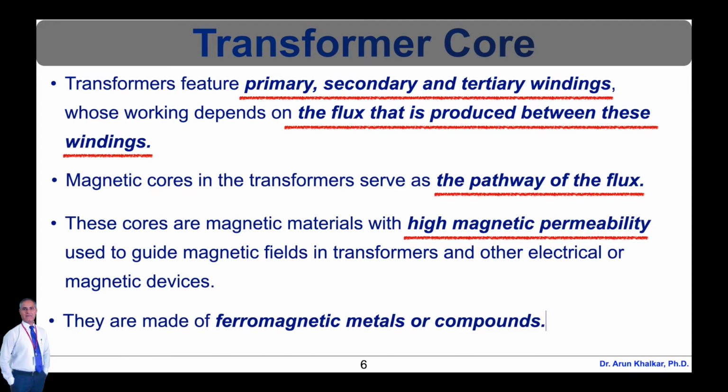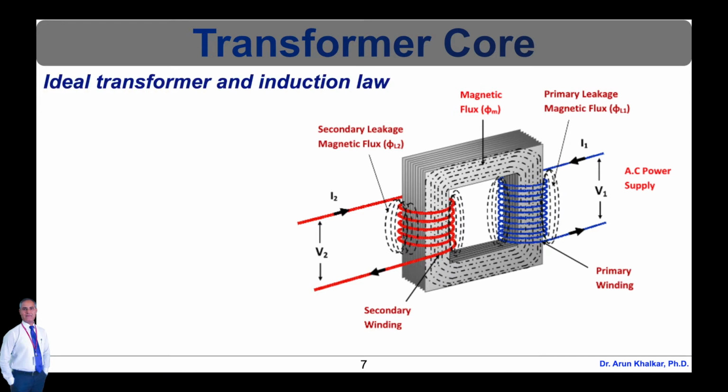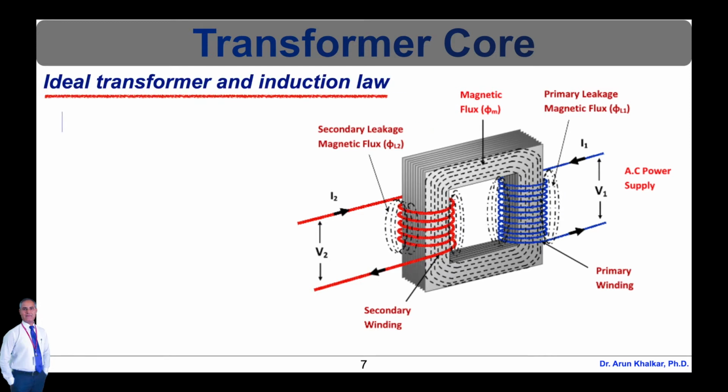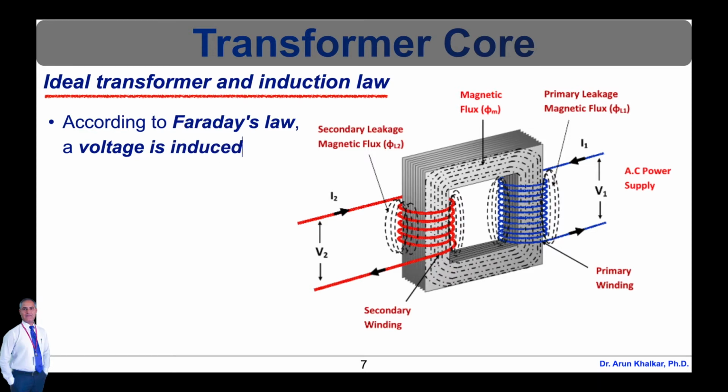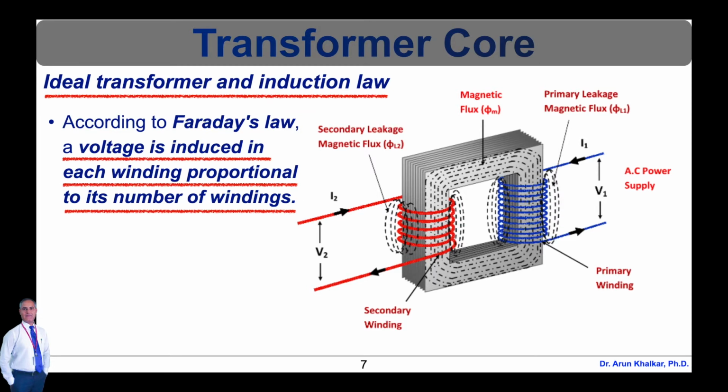They are made up of ferromagnetic metals or compounds. The ideal transformer is shown in this diagram with induction law. According to Faraday's law, since the same magnetic flux passes through both primary and secondary windings in an ideal transformer, a voltage is induced in each winding proportional to its number of windings.